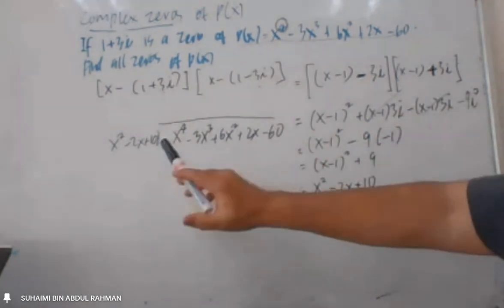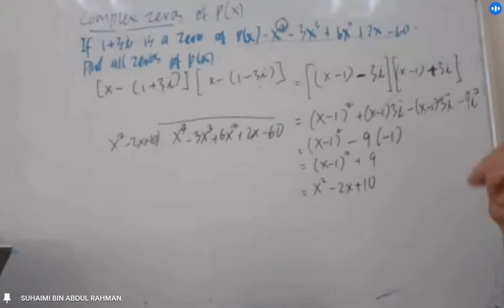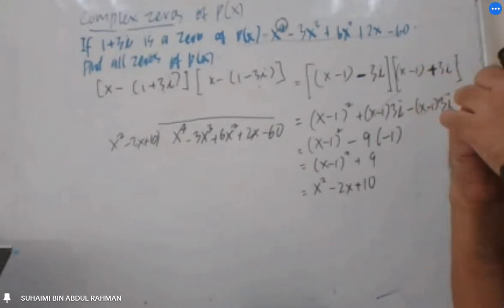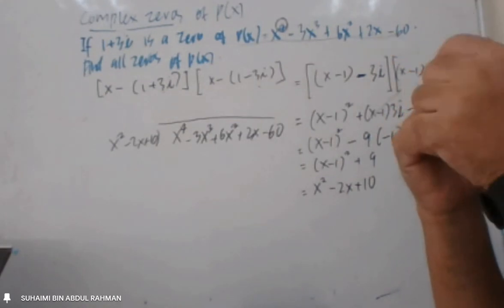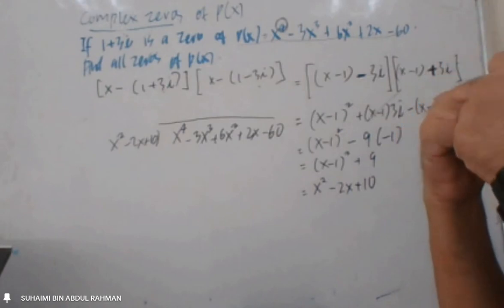X power of 2. Why x power of 2? When we multiply x power 2 with x power 2, we can cancel the x power of 4.